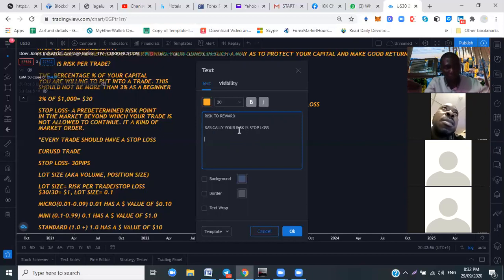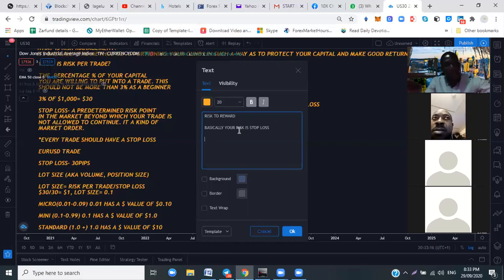On every trade, the risk you are taking is your stop loss, because if your trade goes to your stop loss, you will lose that money that you have risked. That is your risk per trade that you calculated, that is what you will lose. So your stop loss is your risk.